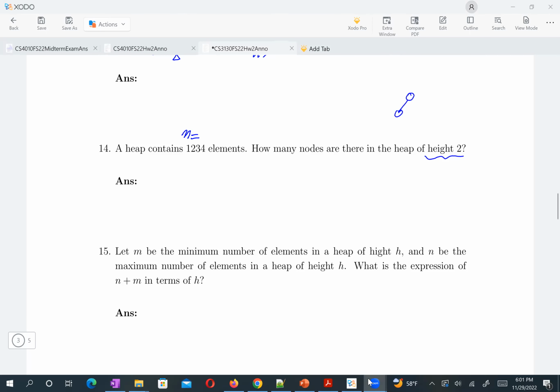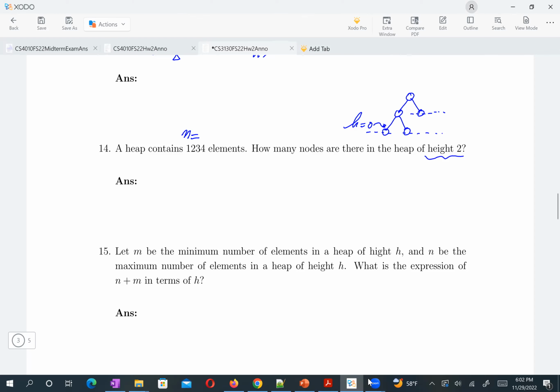First, for the height, suppose we have a heap like this. Ground level, the height equals 0, because we define ground as the 0 height.